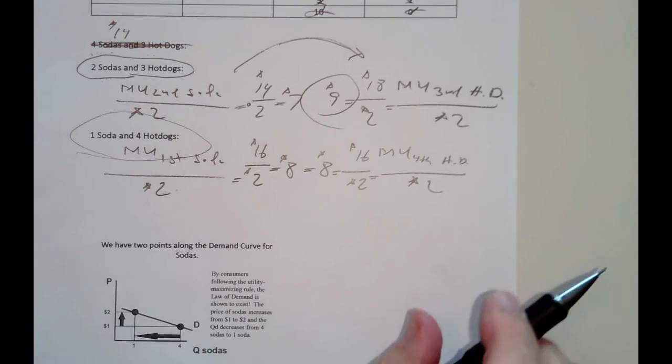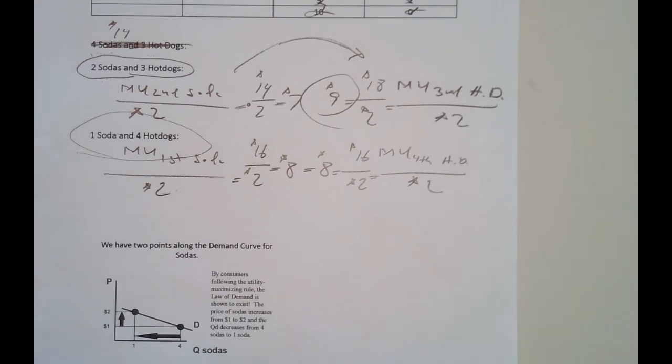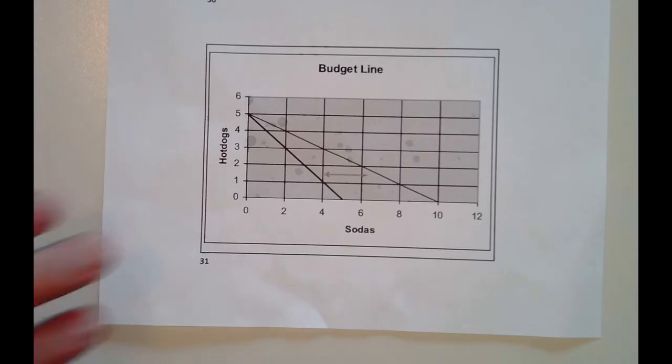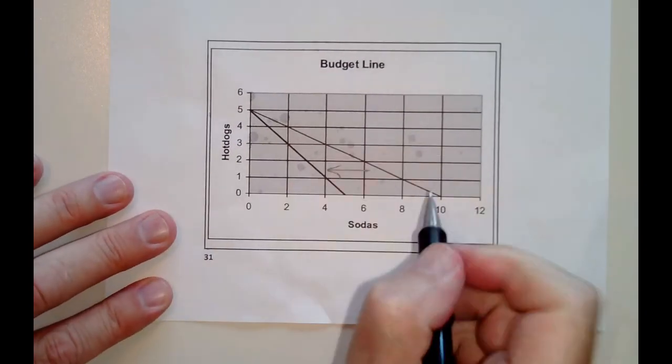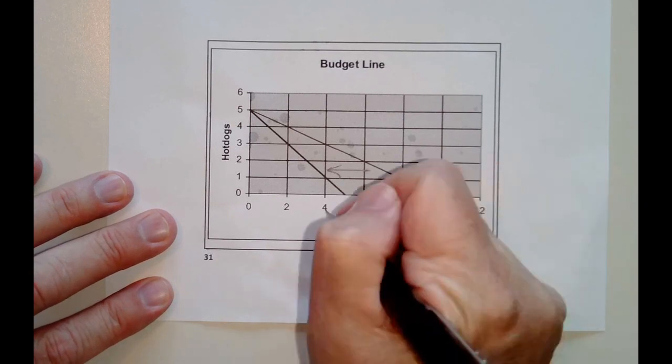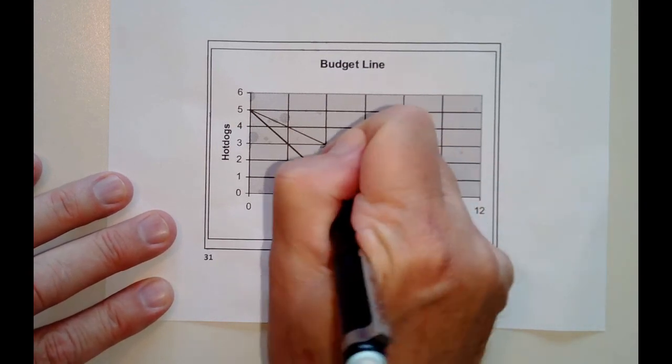If I go back to the budget line, again, excuse the spots there. So it's shifted inward. We saw that earlier. That meant that the price of this good went up, cut in half. And so we did have this combination here of 4 sodas and 3 hot dogs.